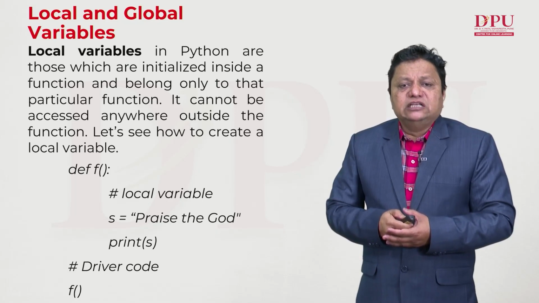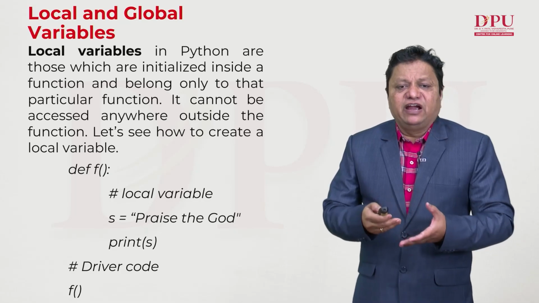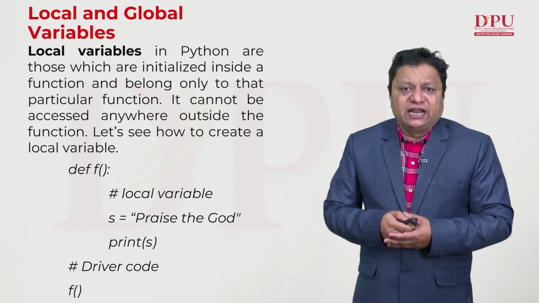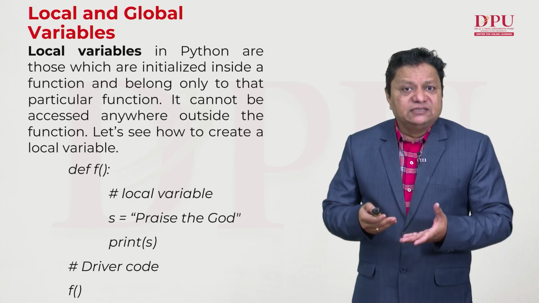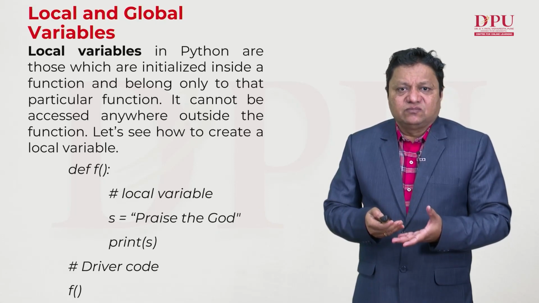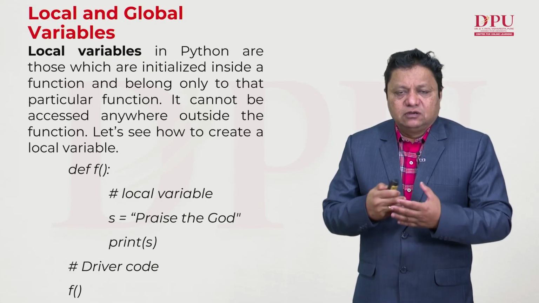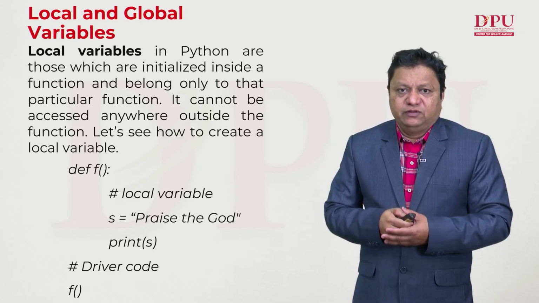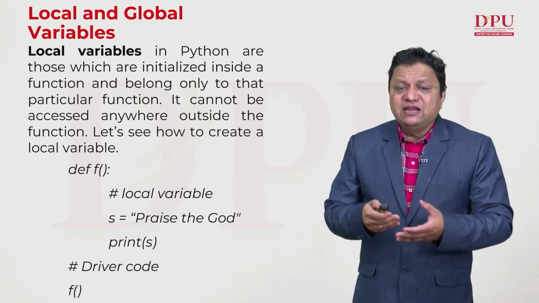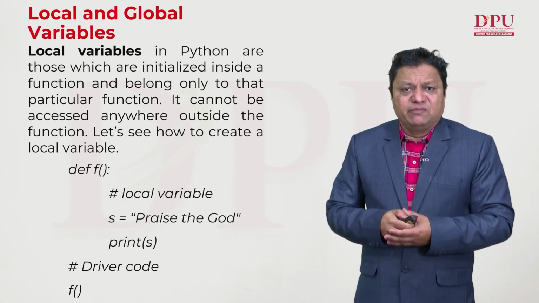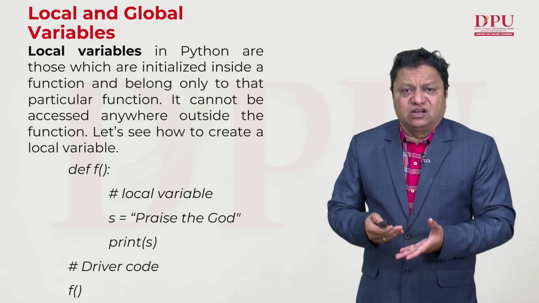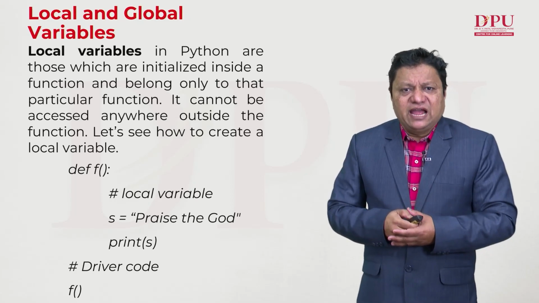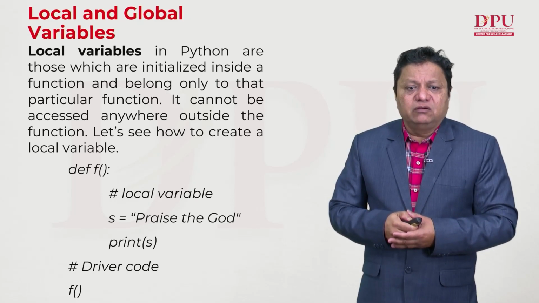In this function called f, I have defined a variable called s, and I have assigned the value "praise the God". Once you exit from this function f, you cannot access the value of the variable s, because I have declared the variable inside the function. So, this variable is called a local variable.